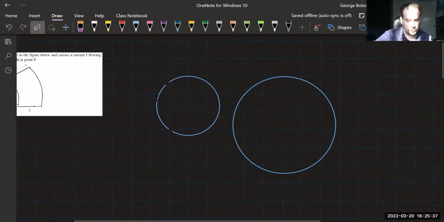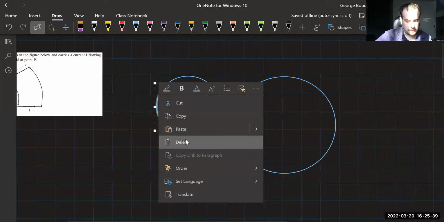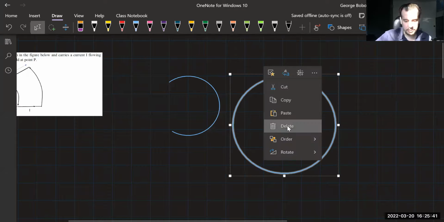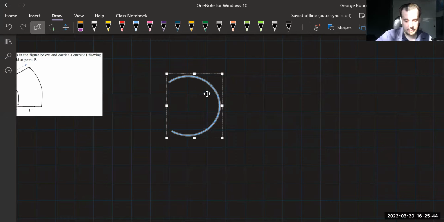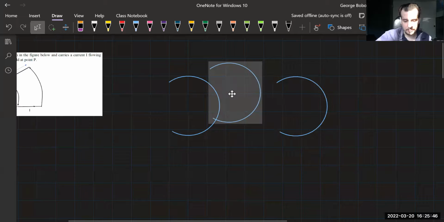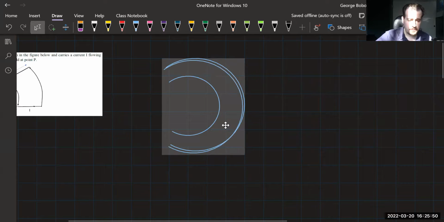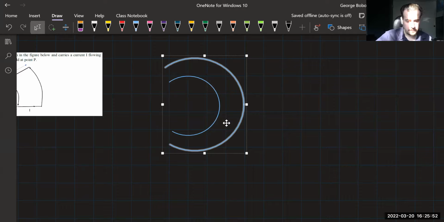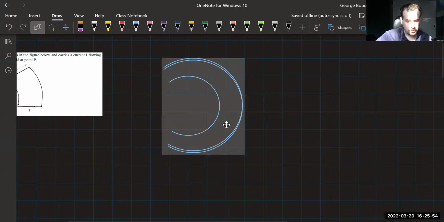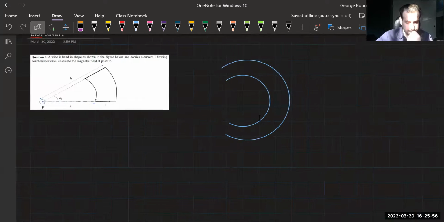I'll just steal the left circle and make it bigger. Something like this. Okay, I'm going to line them up like this.